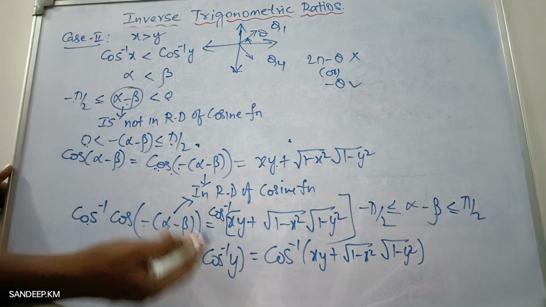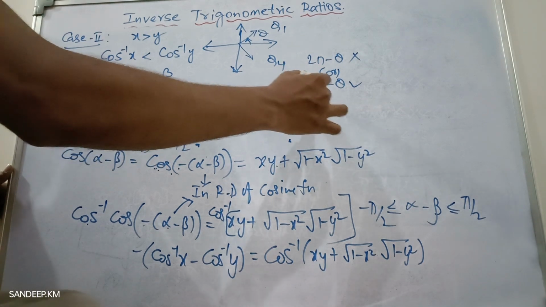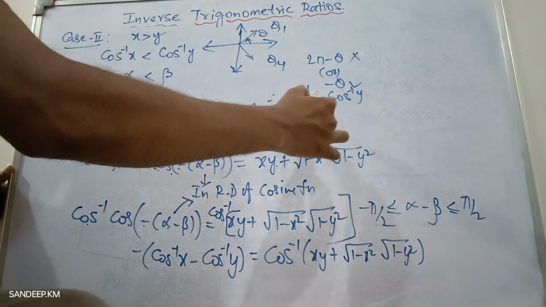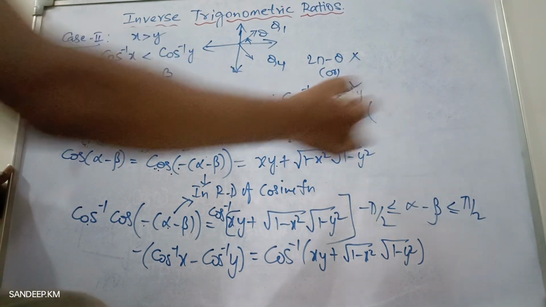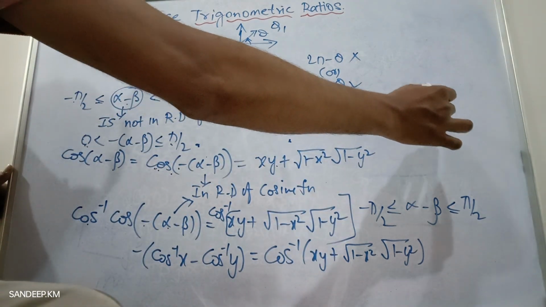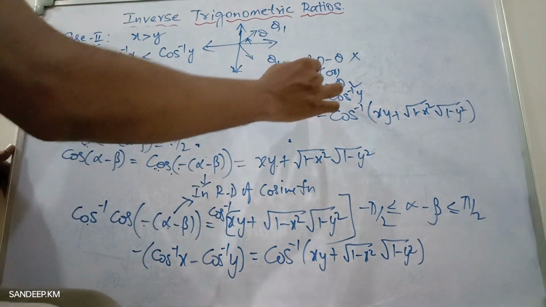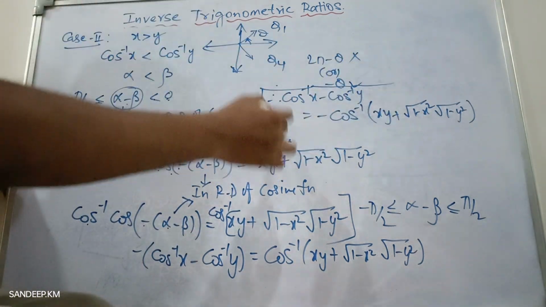And multiply with minus on both sides, you will get the second one. Therefore, dear students, cos inverse x minus cos inverse y is equal to negative of cos inverse of xy plus root of 1 minus x square into root of 1 minus y square. That's it. So this is the second proof.